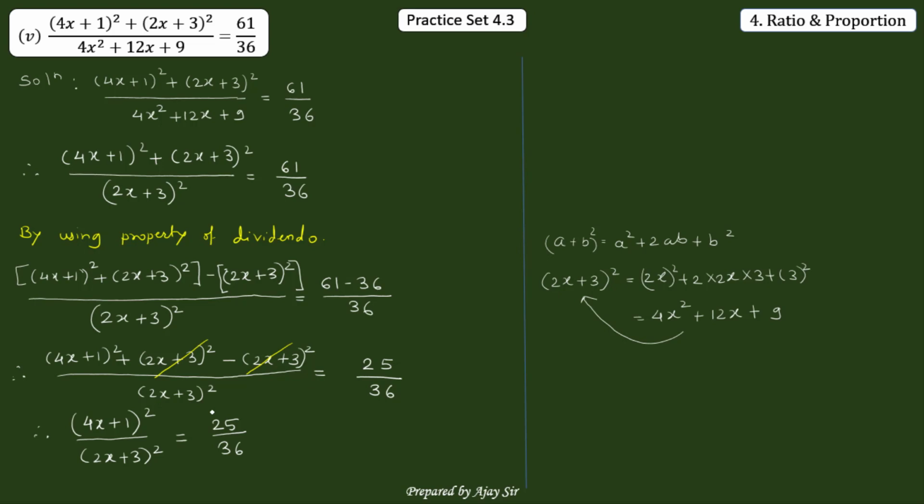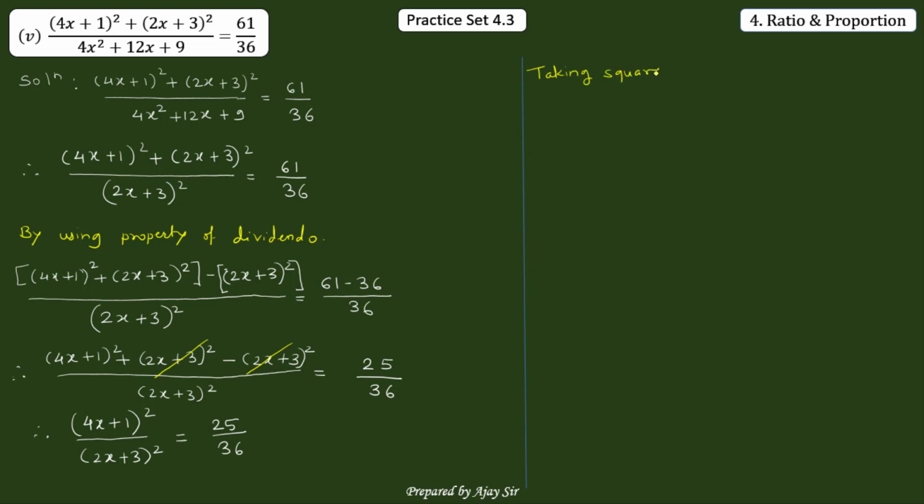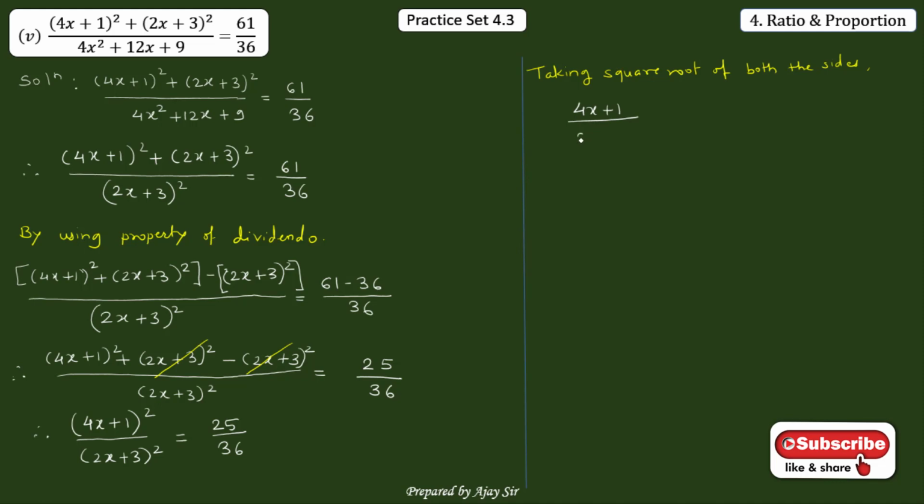After taking the square root of both sides, we get (4x+1)/(2x+3) is equal to the square root of 25, which is 5, and the square root of 36, which is 6. Now after finding the square root, you will get this relation.